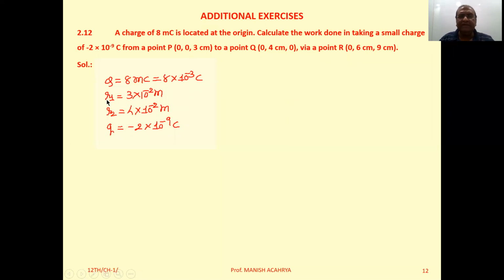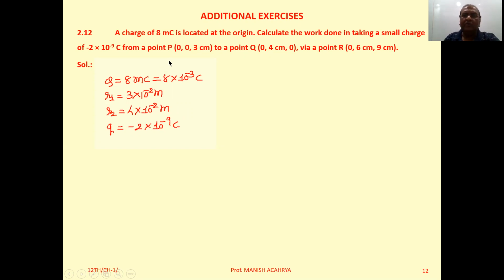So we can write distance R1 of point P, that is 3 × 10^-2 meter from the origin. Similarly, the second point Q, (0, 0, 4 centimeter), means point Q is at 4 centimeter from the origin. So we can write R2, that is 4 × 10^-2 meter.